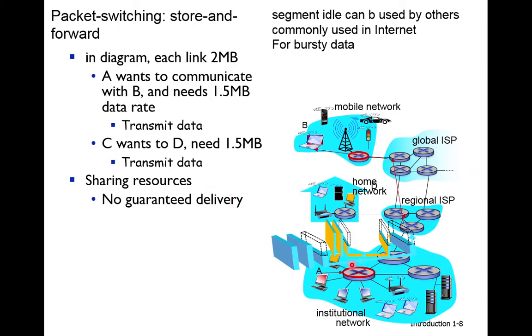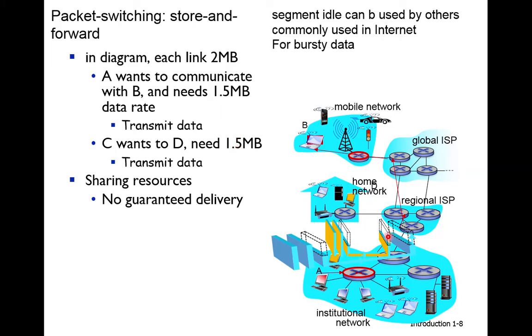Now when this router receives the data, it forwards it on this link toward the next router. This router receives the data from A, the blue color, and it also receives the data from C, the yellow color. A is sending data at 1.5 MB, and C is also sending at 1.5 MB.